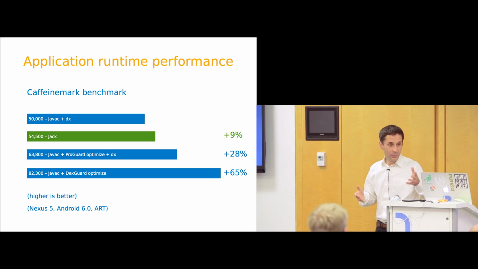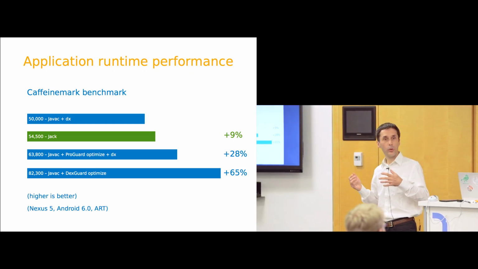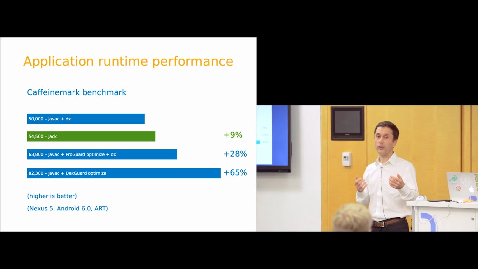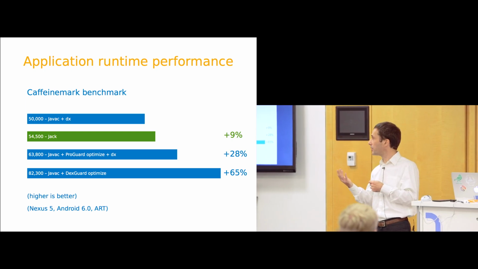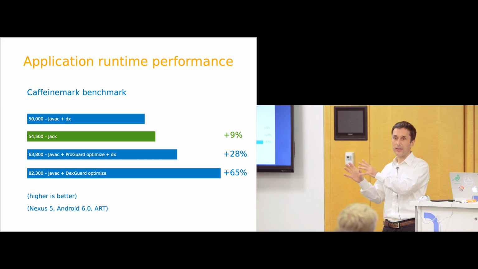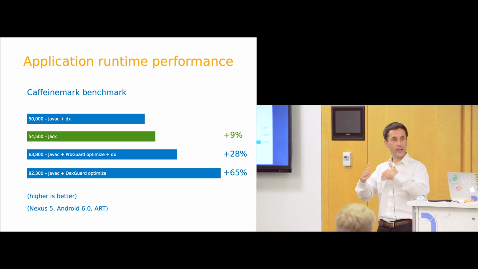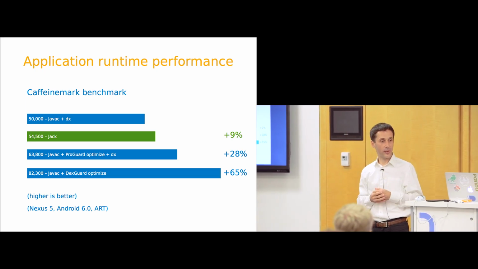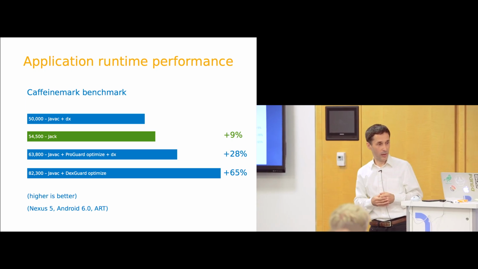So that's an interesting observation here: you get that improvement on old virtual machines, on Dalvik virtual machines, on old versions of Android, but you also get that performance improvement on new ART environments. So even if they do a lot of optimizations and they're a lot faster than their older counterparts, there's a relative performance improvement with any of those optimization techniques on bytecode. So you can do some things ahead of time to really improve your application.